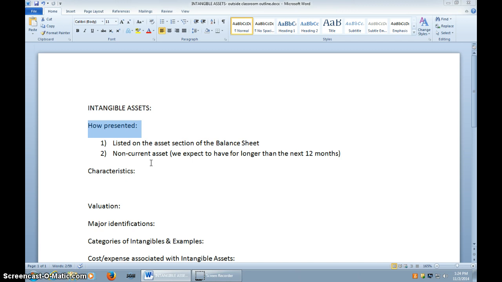And they're listed under the non-current asset section because we expect to have these intangible assets for longer than the next 12 months. So let's talk about some characteristics of intangible assets.